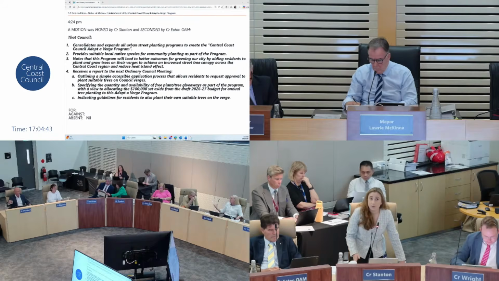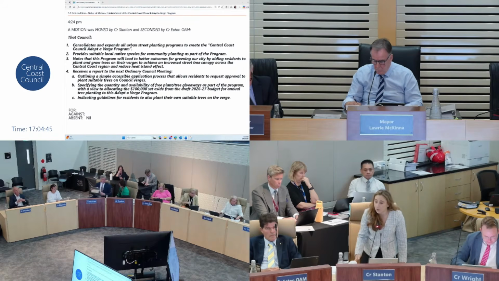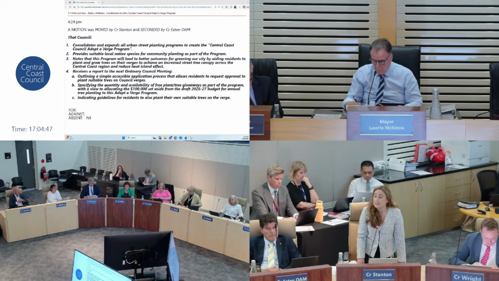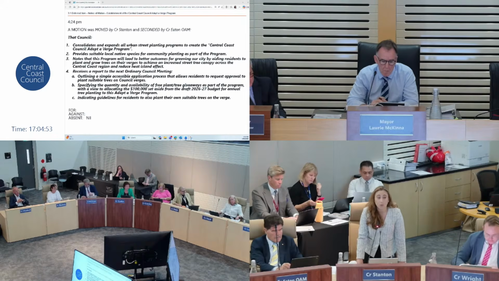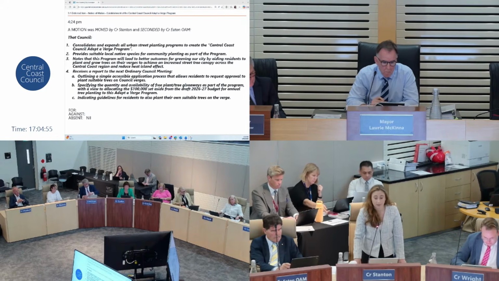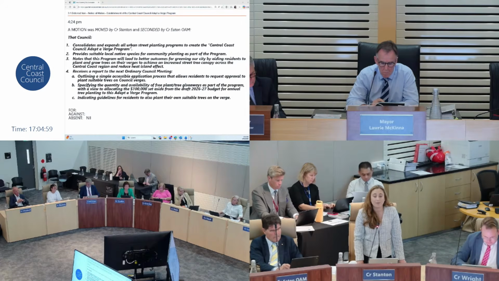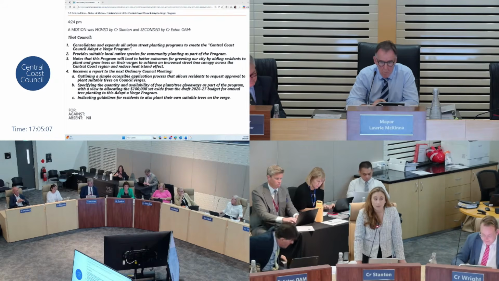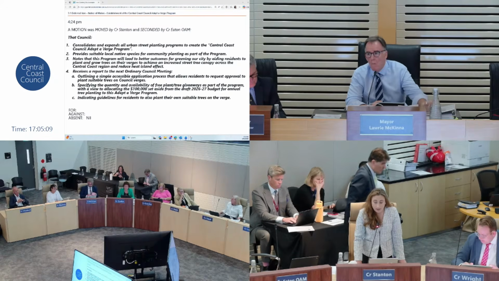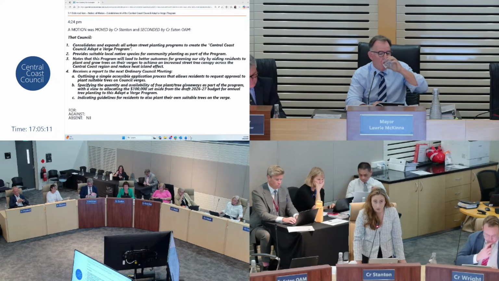I think it's very important to understand what this program is really offering, and it is in line with other programs at other local councils. This is offering a program where council is offering trees to residents, but also enables residents to plant trees of their own as long as it meets the guidelines that council will specify, which will enable increased green canopy across the entire Central Coast.